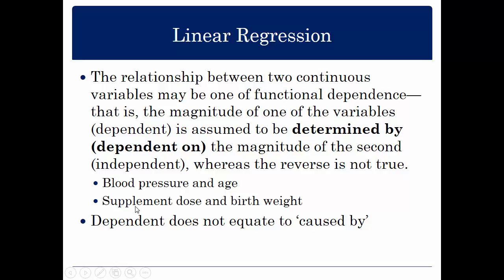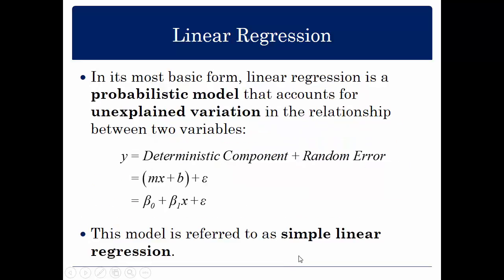For instance, supplement dose and birth weight. Notice that dependent, meaning you think that your outcome is dependent on the value of the predictor, doesn't necessarily mean caused by. We can't talk about cause and effect unless we have a study that's designed to detect causation.